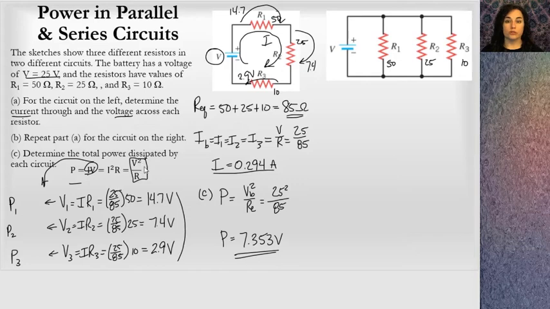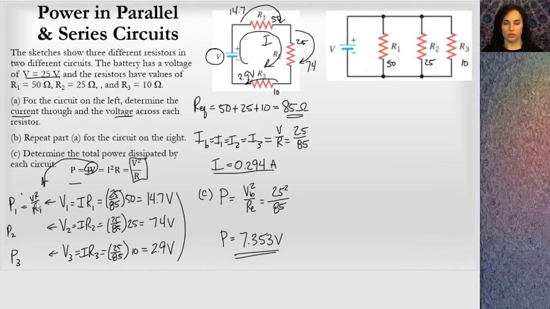You could also use the V squared over R term, and that would give you equivalent power for just that one circuit element. You use the voltage through that element and the resistance on that element, or the current through that element.